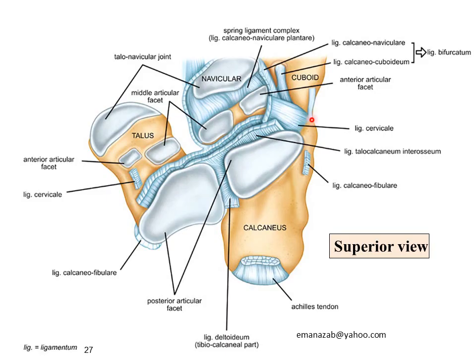The proximal and lateral attachment is to the superior surface of the calcaneus, medial to the attachment of the extensor digitorum brevis muscle. The distal and medial attachment is to the inferolateral tubercle of the neck of the talus. And as you see, this is the interosseous talocalcaneal ligament, which spans the whole length of the tarsal canal and extends to the tarsal sinus. As you see, the cervical ligament is anterior to the interosseous ligament.